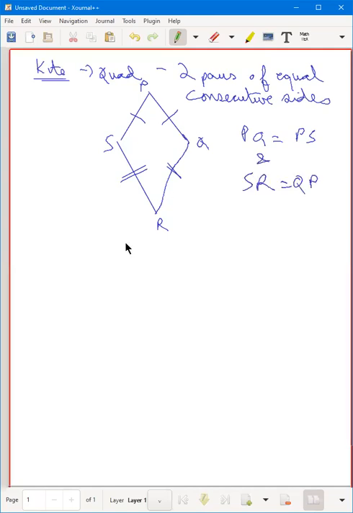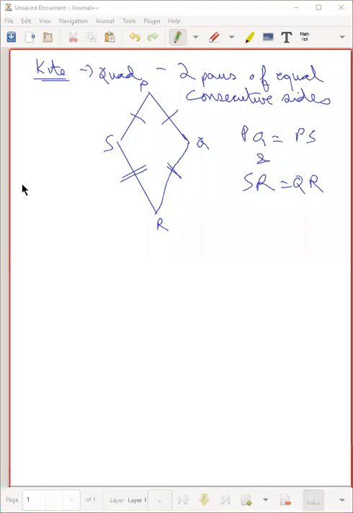Rishima, tell me now, why is this not a rhombus? Because I think SQR is not equal to SPR. Yes, sir. No, that's not the correct one. Think, what was the main property of a rhombus? Remember, in a square and a rhombus, all sides are equal.